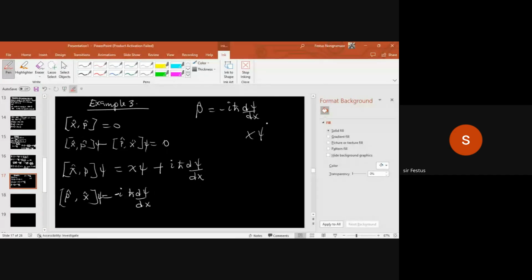If you operate this one, minus iH d on the X, when you operate this one it is like a product. You expand, because this is dependent on X. So you hold psi as the subject, then you operate only on the X. Then when you come to the second part, you also hold X as constant and operate on the wave function. So that is how it will be.